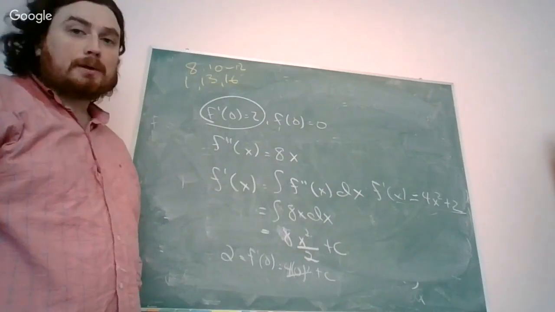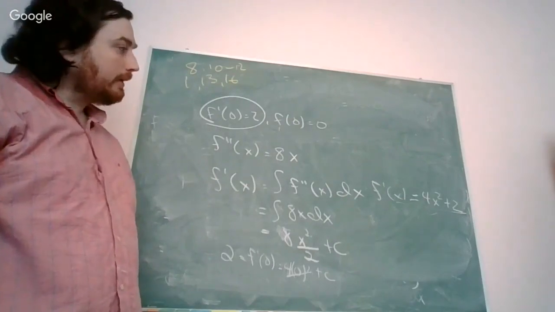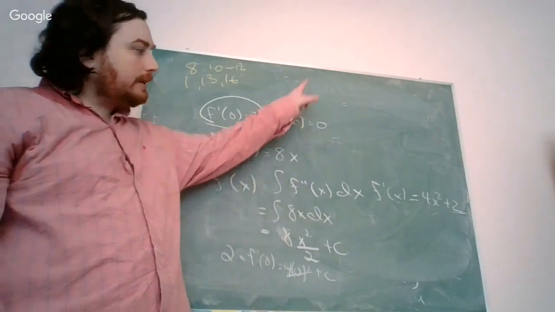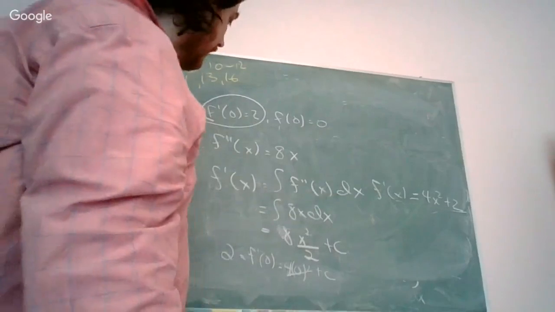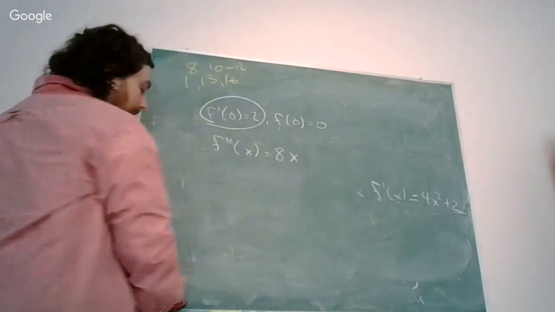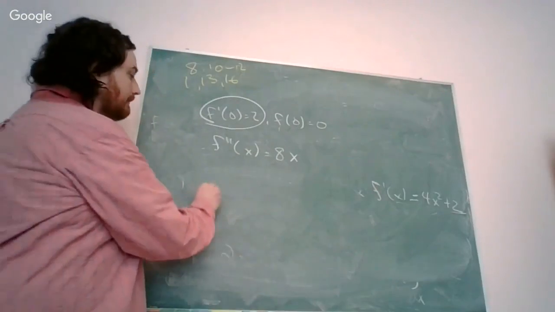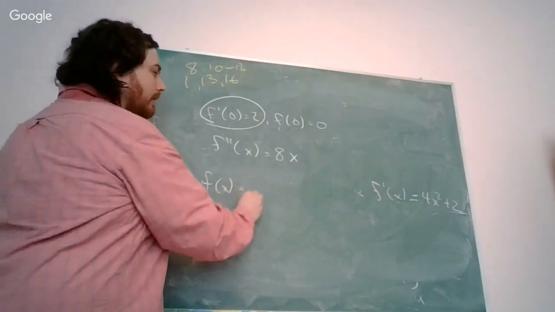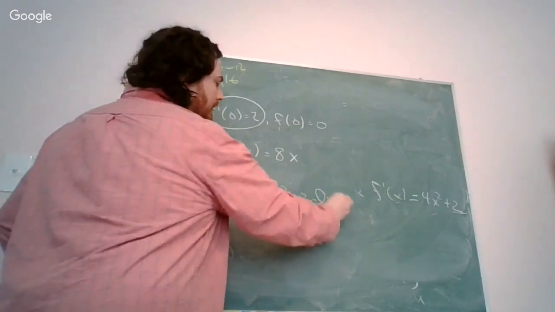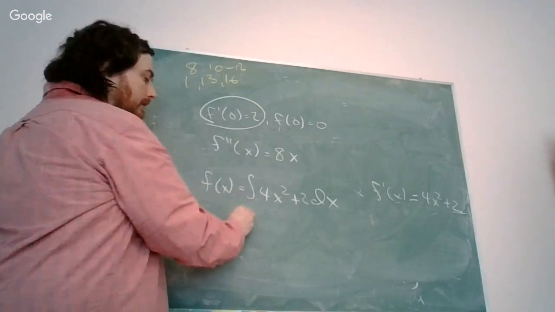Now we start the problem all over again. We know that the derivative is 4x squared plus 2. Therefore, the original function is the antiderivative of the derivative. So if I now want to find f of x, I'm going to say that f of x is the antiderivative of f prime, which is 4x squared plus 2 with respect to x.